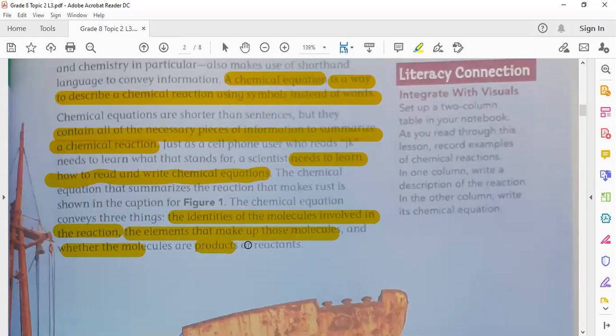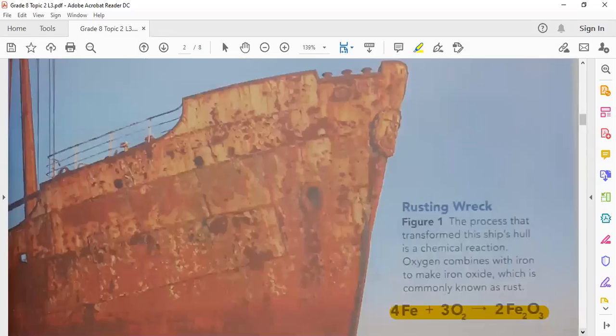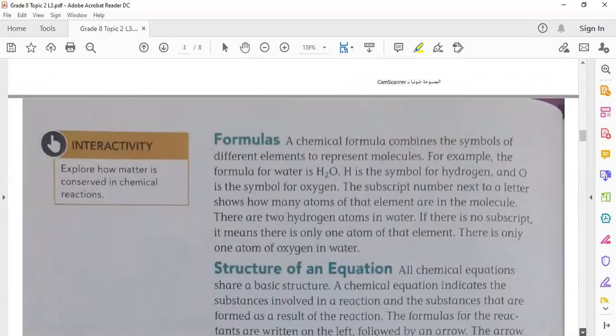For example, water is the identity of H2O. The water molecule is made up of 1 oxygen atom and 2 hydrogen atoms, and whether they are reactants or products. Fine. All of these details, inshallah, we will learn.